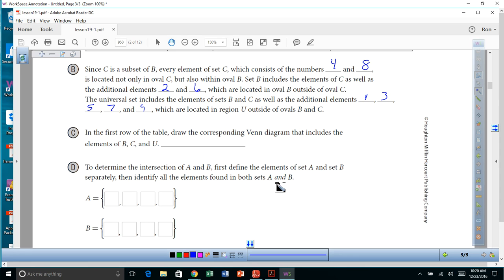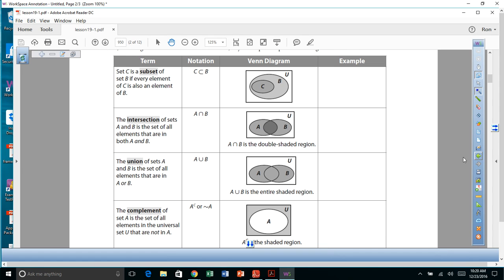Okay, so let's draw that. And let's go back to the table here and let's draw that. So here it is, the universal set.